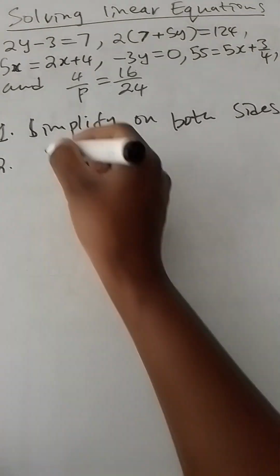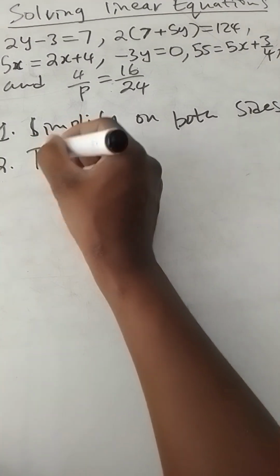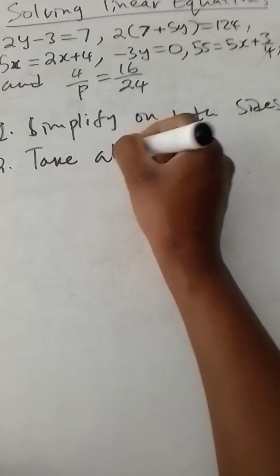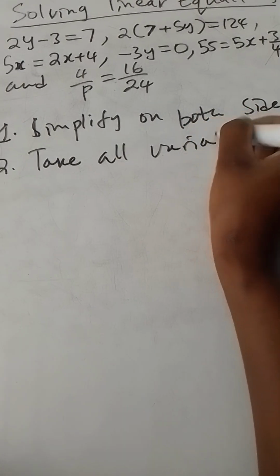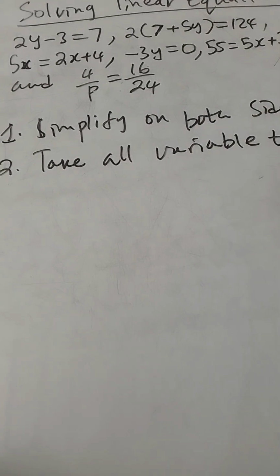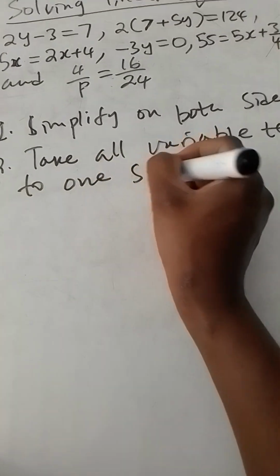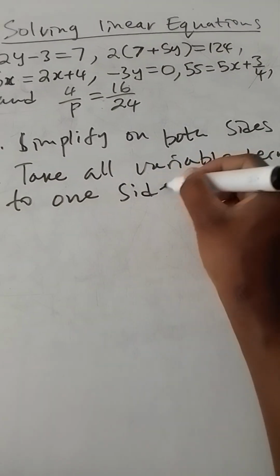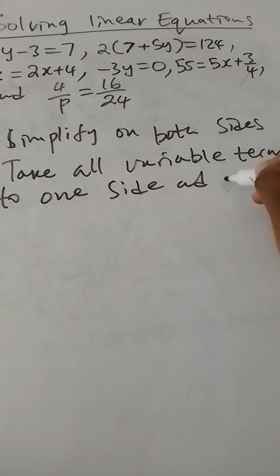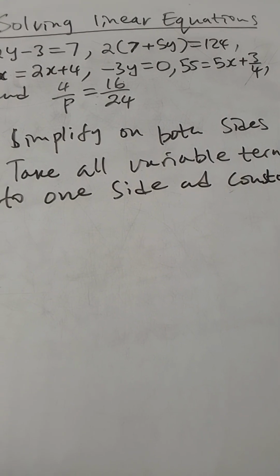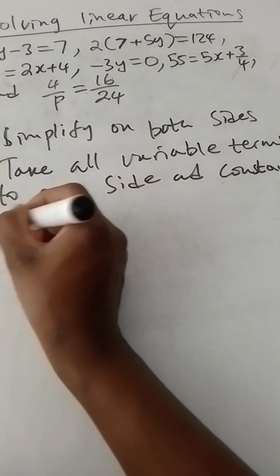Step number 2, take all variable terms to one side, and constants to another side.